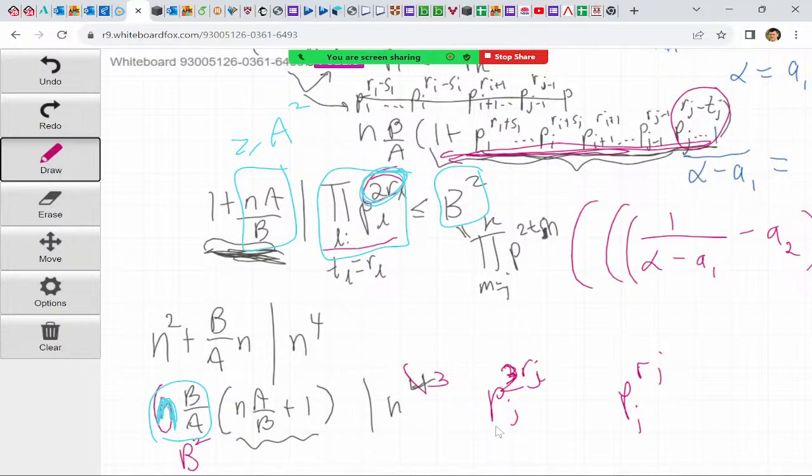Wait, how does that cancel the N? Because there's like B to the 4 here, right? And you cancel 2 of the B squareds here. Because only the primes in B we really care about. It has other primes, but they're coprime to everything here, so we're not going to get anything.